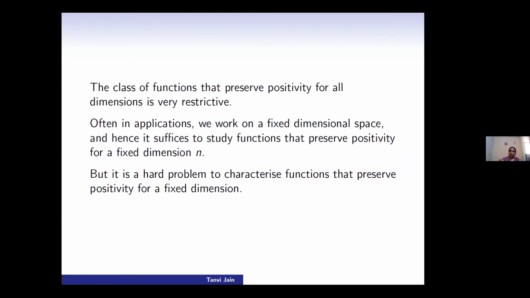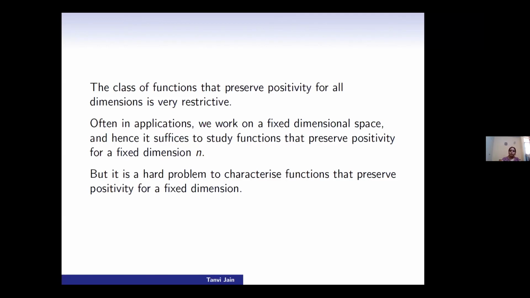And many a times in applications, we are not working with all dimensions of matrices. Typically, where will we need this, in statistics or in computer science? There we are working with matrices whose dimensions have an upper bound. So in that case, it suffices to have a characterization of functions that preserve positivity for fixed dimensions. And that, in fact, turns out to be a very hard problem.